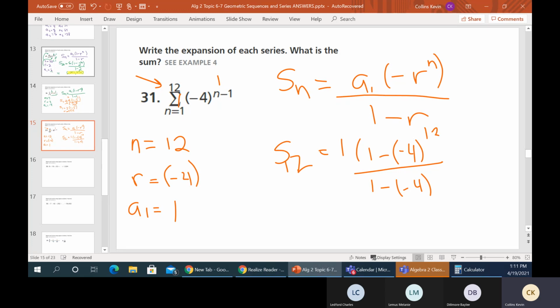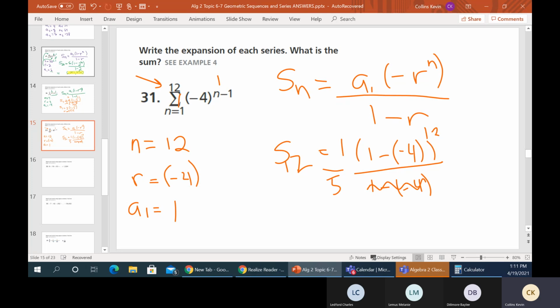We got the 1 on top, and we got 1 minus a minus 4. Technically, that's 5, right? Because minus a minus is plus, so 1 plus 4 is 5. So what we have to do is do this part up top here, and then divide it by 5.